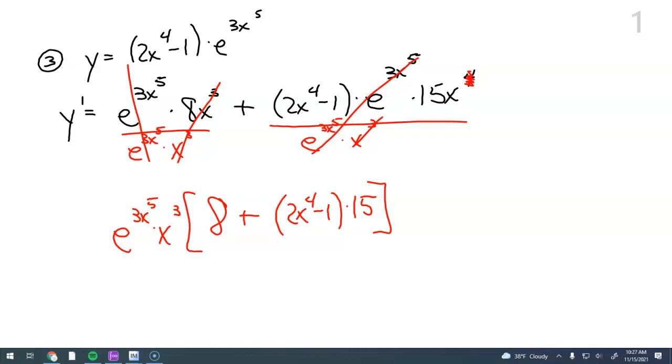Yeah. Oh, yeah, 50x. Thank you. So this is not fine. This is fine. What some people might do is forget about the x to the thirds. I'm not going to worry about it, and they would say this.